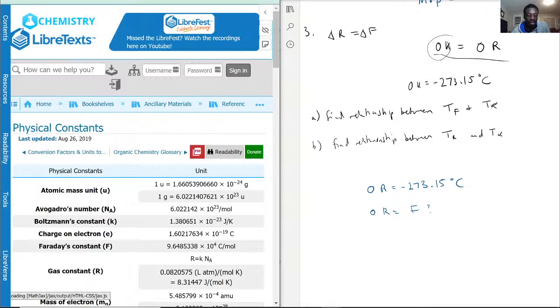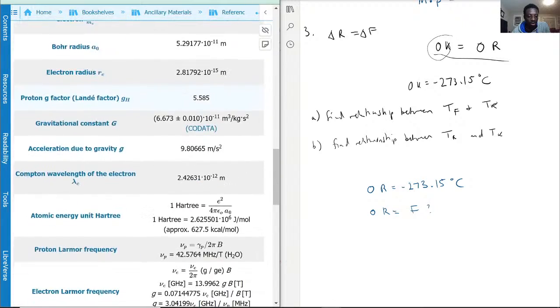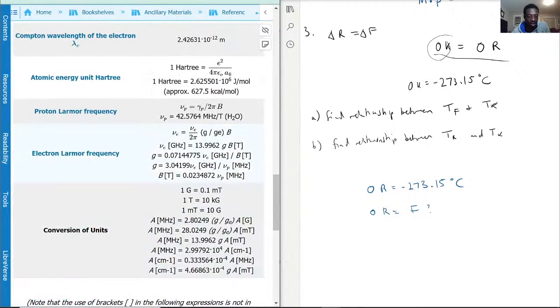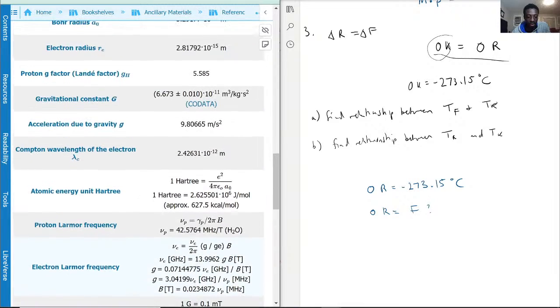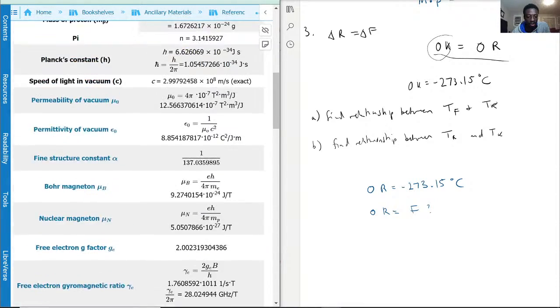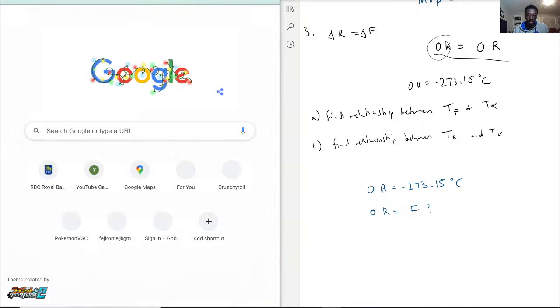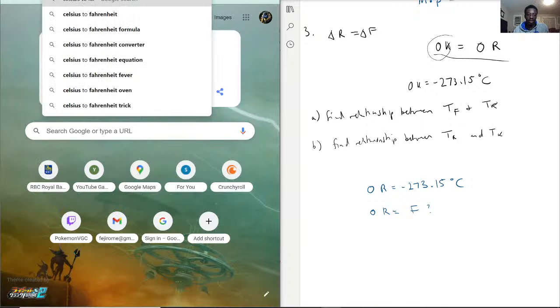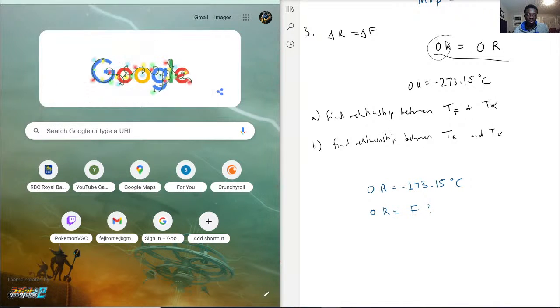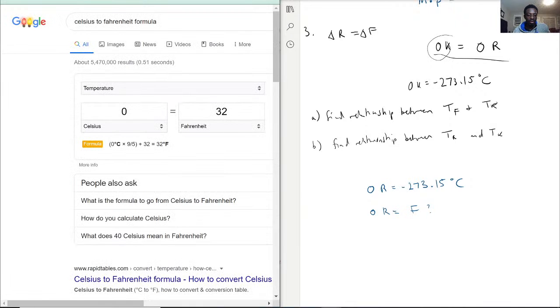Now we're just going to, for our sake here, oh, wait, is this? No, this is not it here. Okay, no worries. Celsius to Fahrenheit formula. There we go.